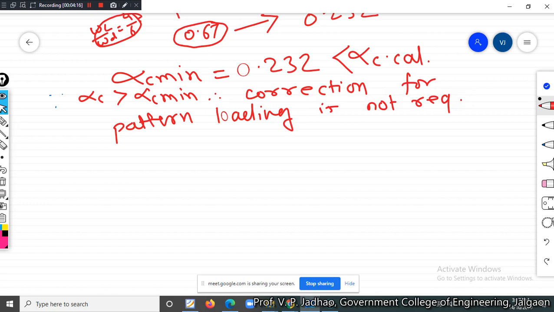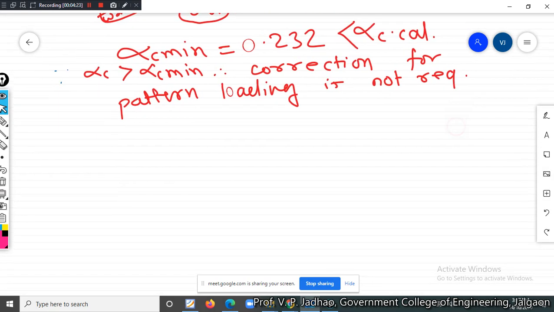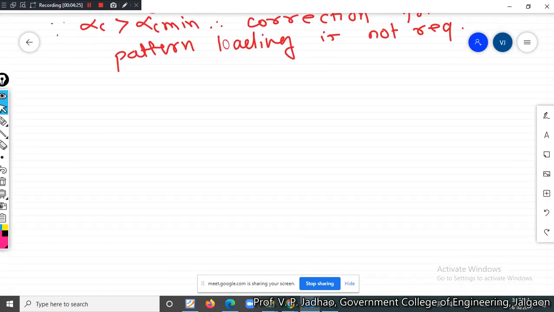What is this pattern loading? It is the change in the behavior of your flat slab due to difference between the live load and dead load patterns. So along the longer direction we don't need the correction for pattern loading.